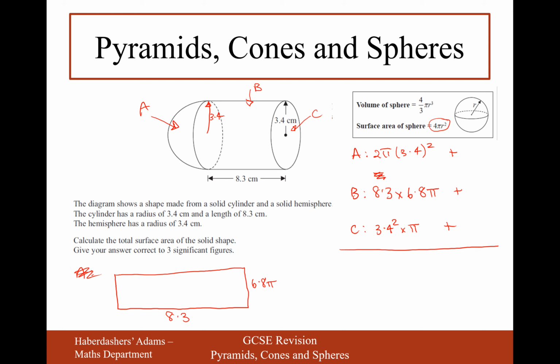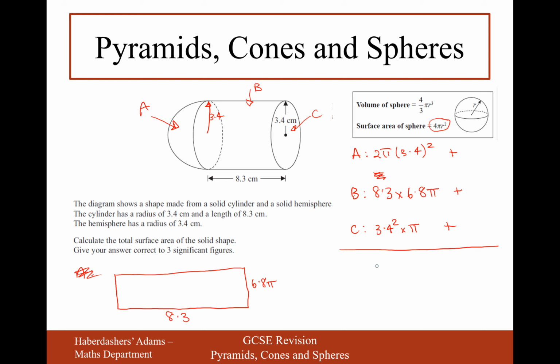I'll put that in brackets, good to use brackets on the calculator here. This is quite a long calculation. And then the last bit is brackets 3.4 squared times pi, close the brackets.